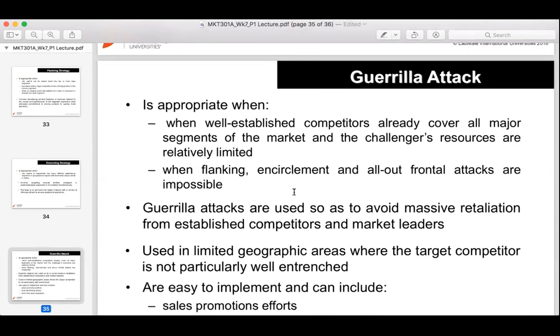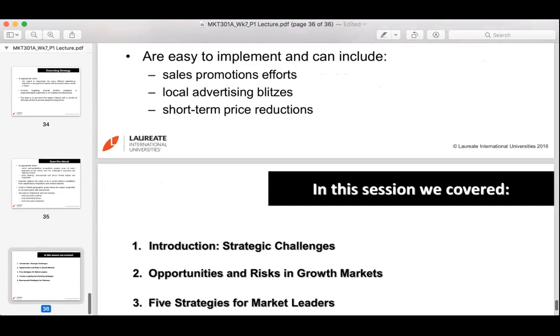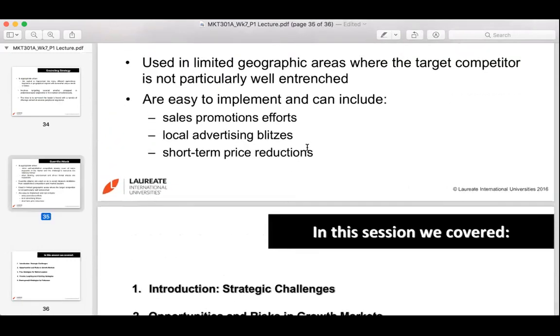If we do the flanking or encirclement, and all our frontal attacks or head-to-head are quite impossible for us to do, therefore what we do is the guerrilla attack with some tactical promotional activities, for instance, or limited geographical areas to target specific customers, or being creative in running our marketing communication campaign, for instance. So that's basically the first one in module 4.